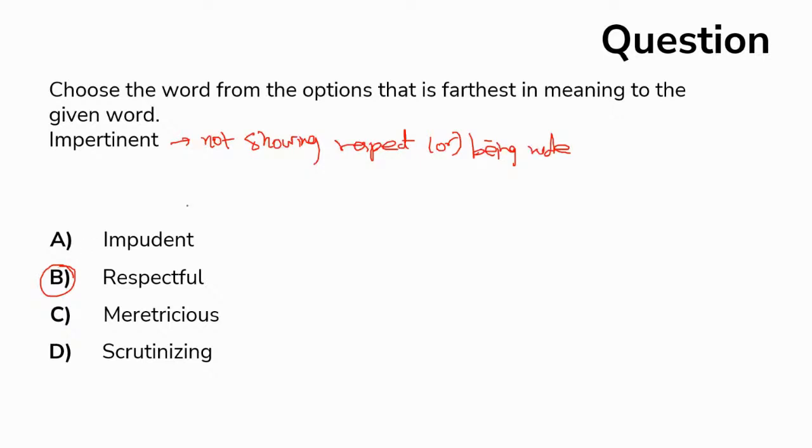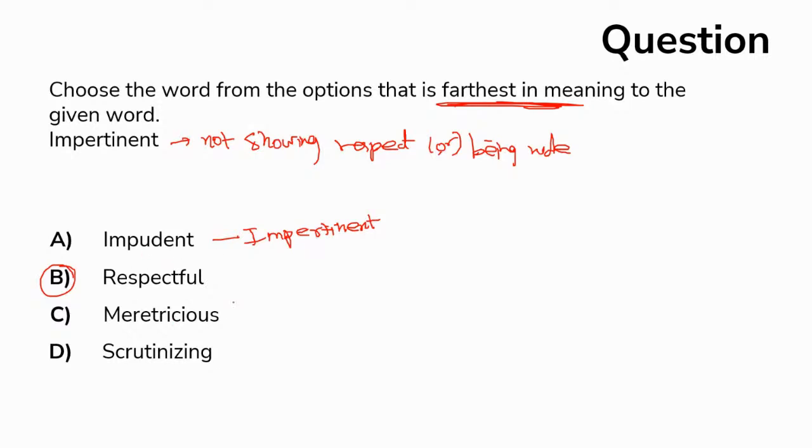So, what is impudent? Impudent means impertinent, which is same. But be clear, they were asking for farthest, that is opposite. If they have asked for synonyms, then impudent would have been your answer.